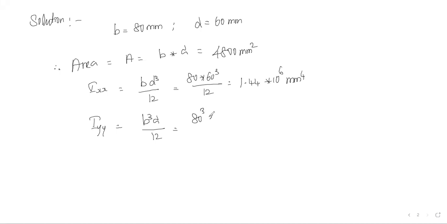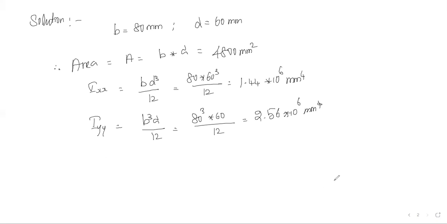So 80 cube into 60 divided by 12. It becomes 2.56 into 10 to the power 6 mm power 4.